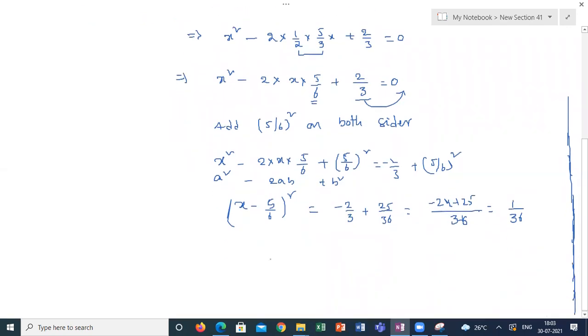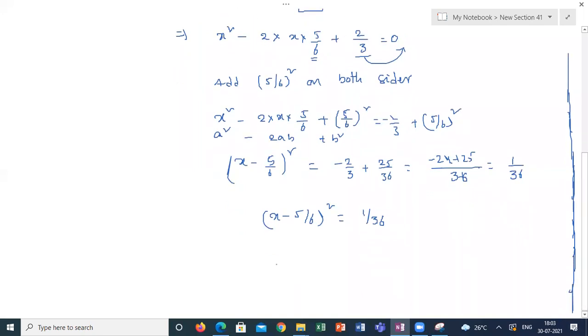So x minus 5 by 6 whole square is 1 by 36. Taking the square root on both sides, x minus 5 by 6 is plus or minus 1 by 6, because root 36 is 6. Sorry, guys.